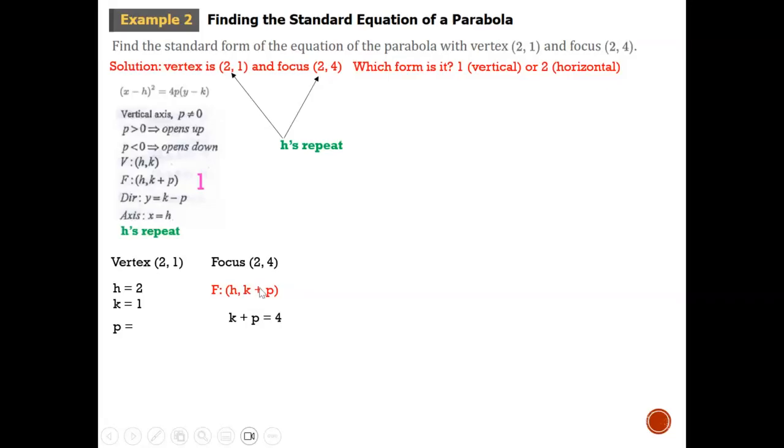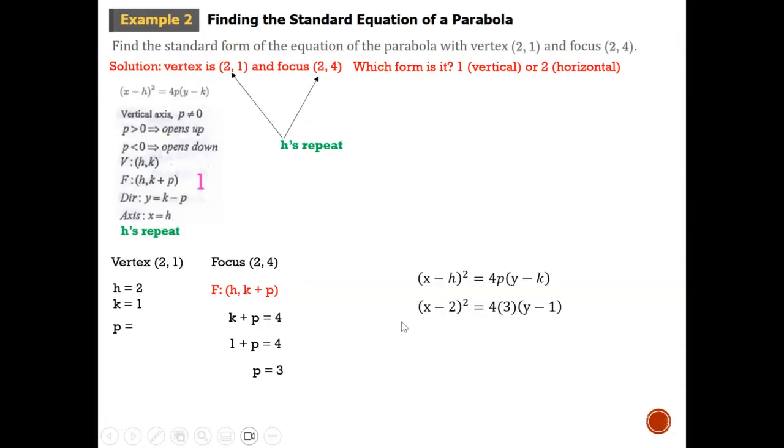We need to find the value for the Y value. My X will be the 2, or the H. So K plus P is going to be the Y value. So K plus P equals 4, because it's (2, 4). We know the K is 1. We plug it in and subtract 1 from both sides. So my P equals 3. So I got my P.